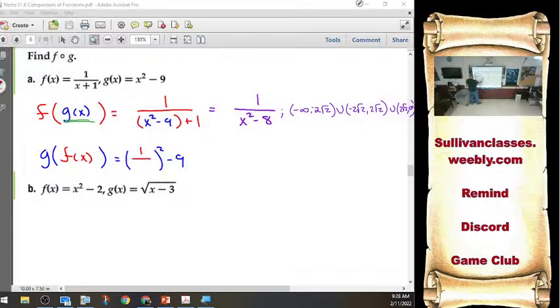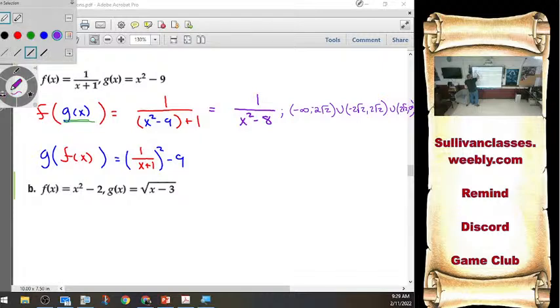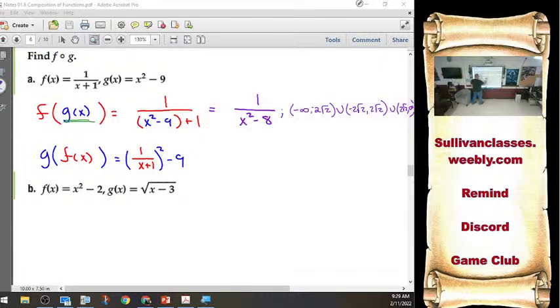G's purpose is to square things and subtract 9. Squaring a fraction, square both parts. Don't square like a freshman.